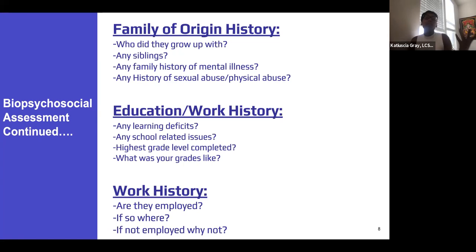Right? So it's important for us to find out if there's any history of mental illness in the family, because the chances of them being predisposed to what is in the family bloodline and in the family gene is super important.